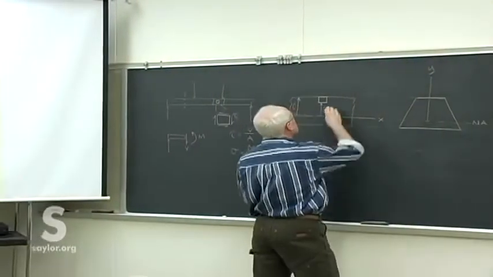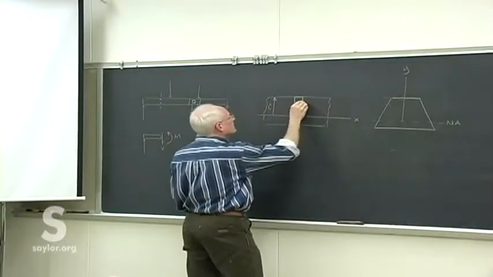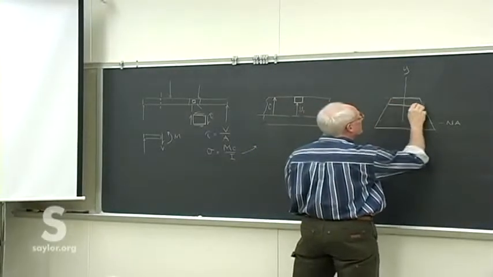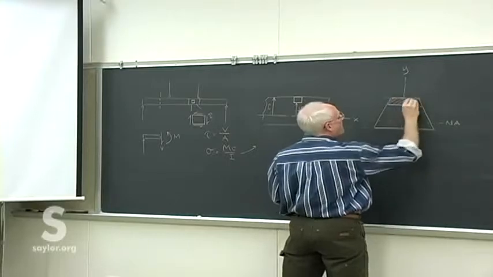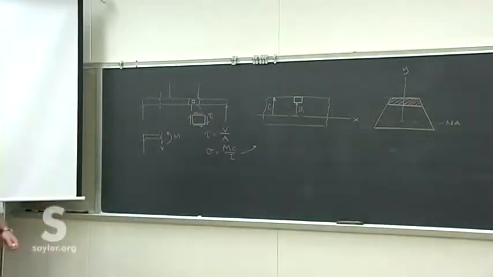And what we're interested in is the shear along this bottom face, which is going to be all the way across the beam, across the bottom of that little piece there.